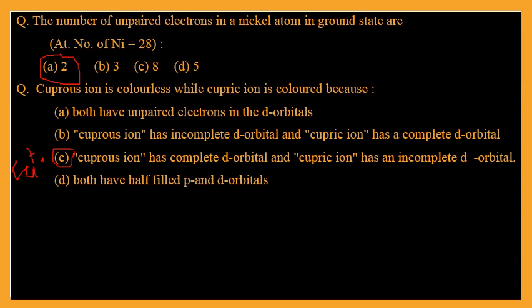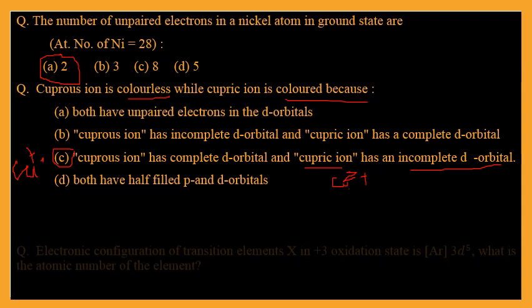It means the d subshell has fully filled electrons in it. So cuprous ion has a completely filled d orbital, that's why it is colorless, whereas cupric ion is Cu2+. When you write down the outermost electronic configuration for Cu2+, you will find it has 3d9 configuration, one electron is unpaired or one d orbital is incomplete. So that's why it is colored in nature.